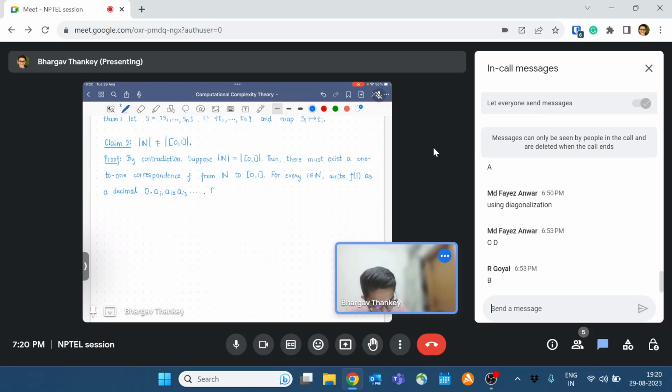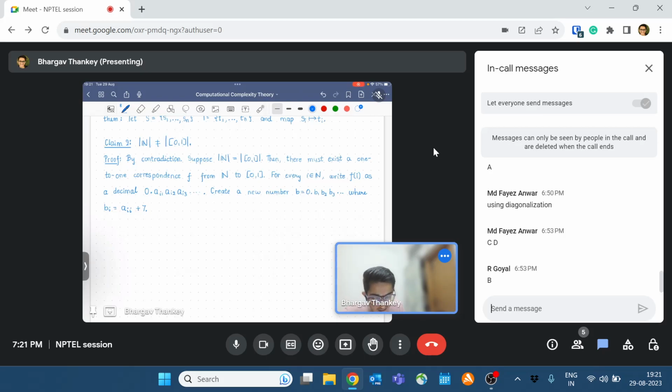So we are going to write f of i as this and then create a new number b. So b's decimal expansion is 0.b1, b2, b3, and so on, where bi is ai plus 7.